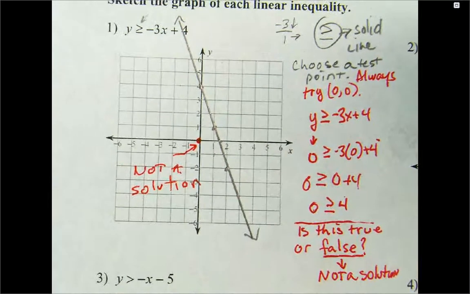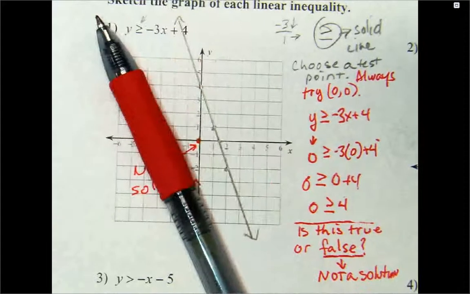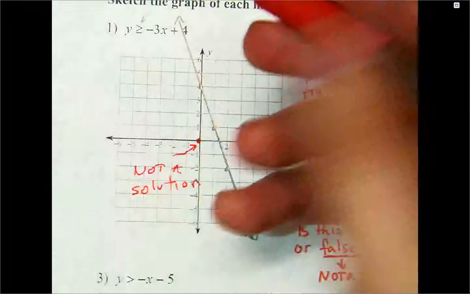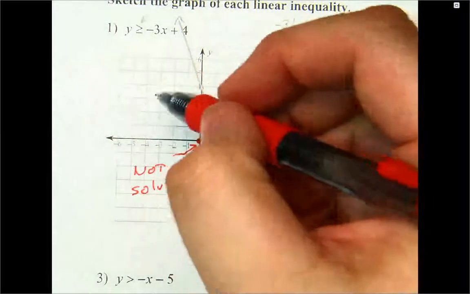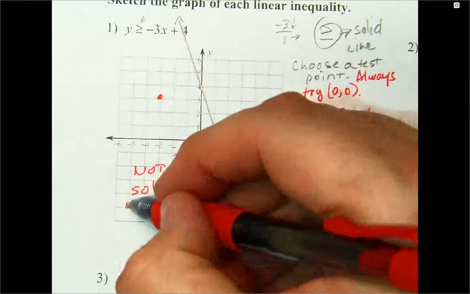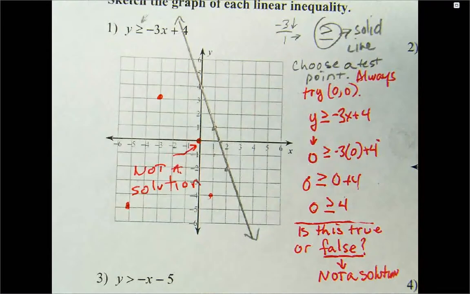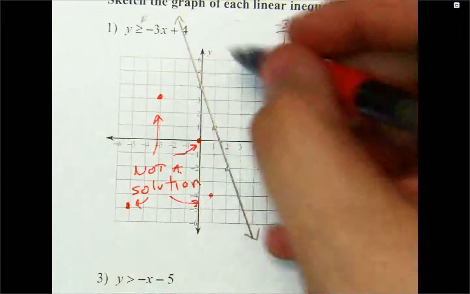This test point is going to represent every single point that's on this side of the line. So what can we say, if I pick this point right here, is that a solution? What about this point? None of those are solutions. So that's not a solution. All these points over here are going to be a solution.